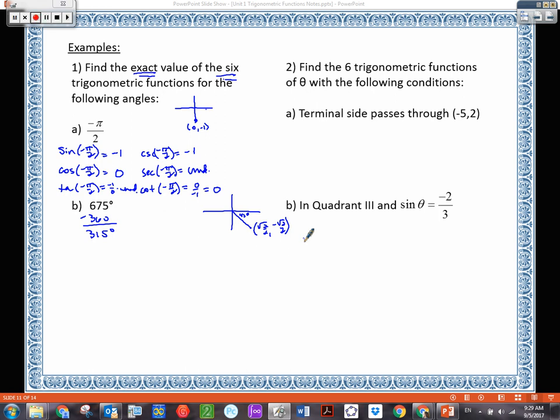All right, so I'm going to go ahead and write out all: I have sine of 675, cosine of 675, tangent of 675. Then I'm going to write their reciprocals right across from them just to make my life easier. So we have cosecant of 675, secant of 675, and cotangent of 675.